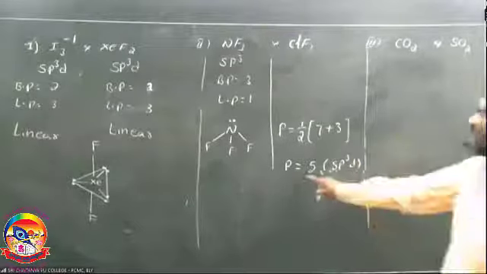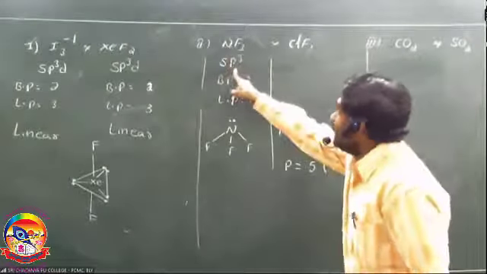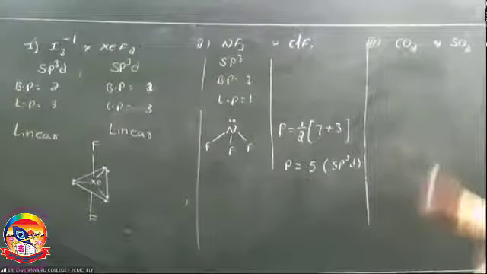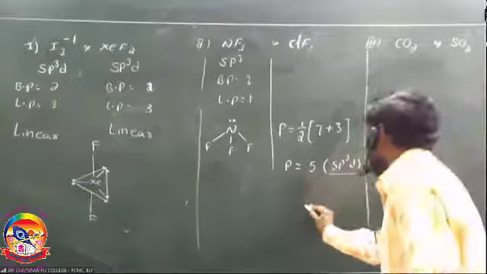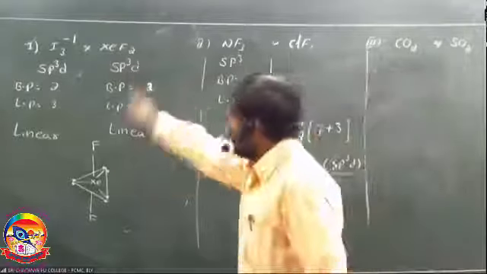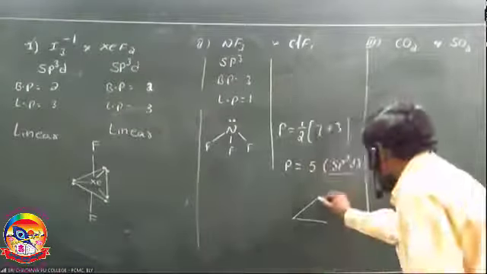P value 5 indicates sp3d hybridization. In NF3, sp3 hybridization. In ClF3, sp3d hybridization. So hybridization is different. So in sp3d hybridization, number of hybrid orbitals formed 5. Geometry of sp3d hybrid orbitals, trigonal bipyramidal geometry.